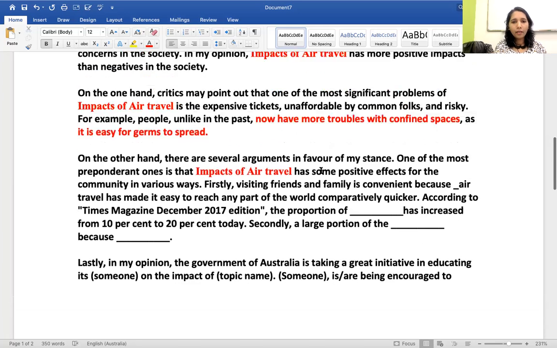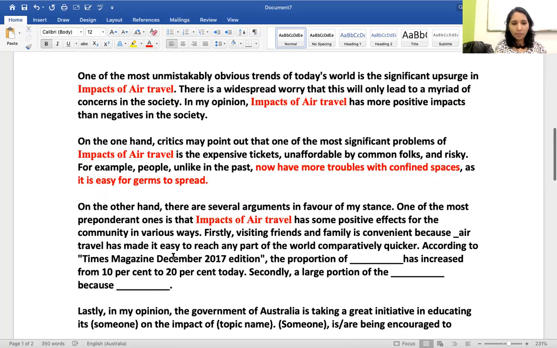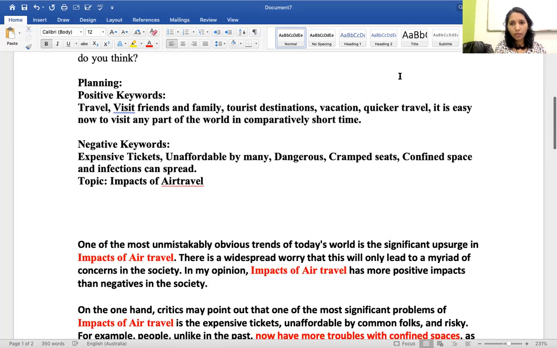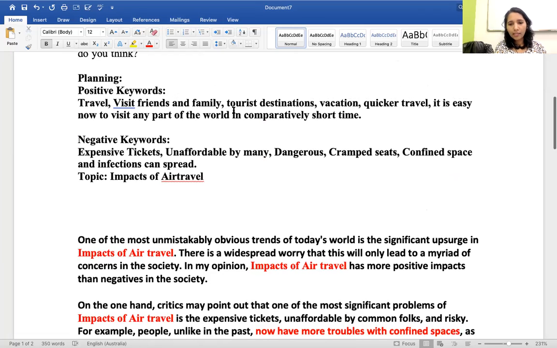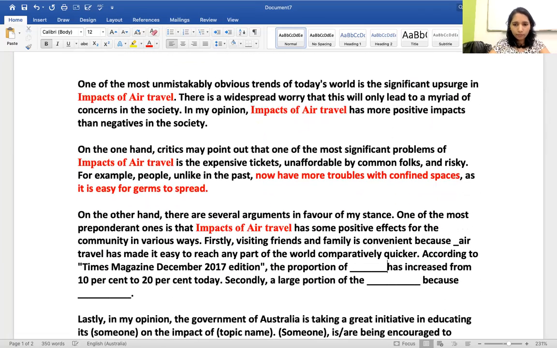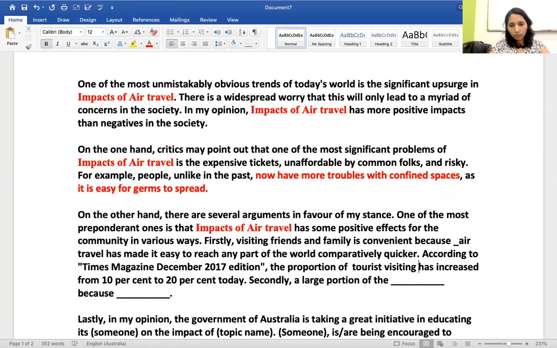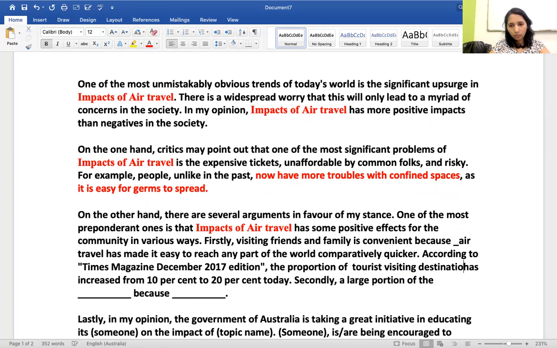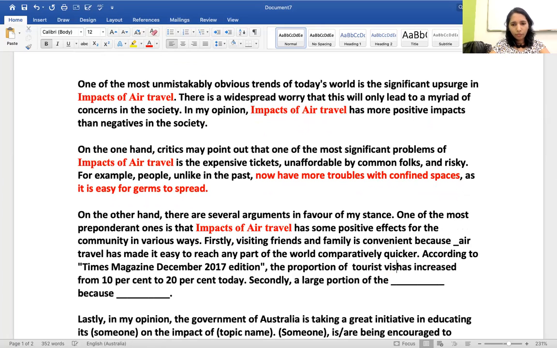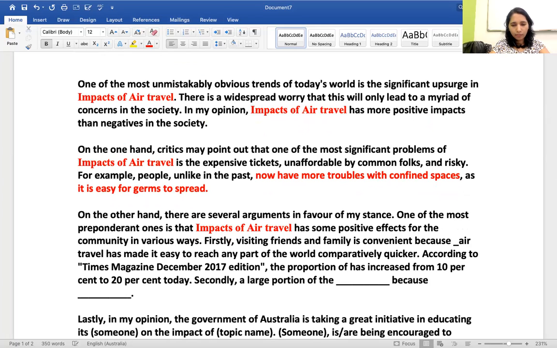Okay, then according to Times Magazine December 2017 edition, the proportion of, you would put in another positive word, proportion of tourists visiting destinations, or maybe proportion of people visiting friends and families.